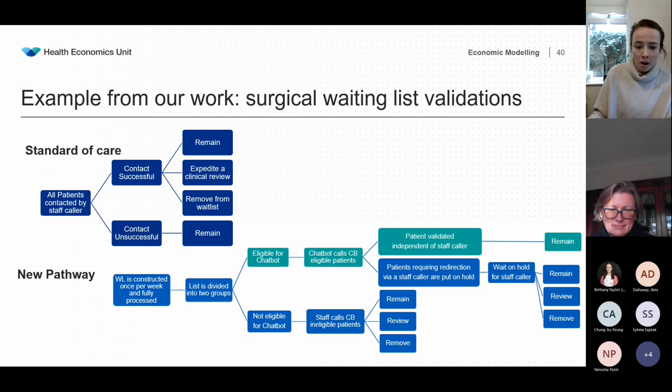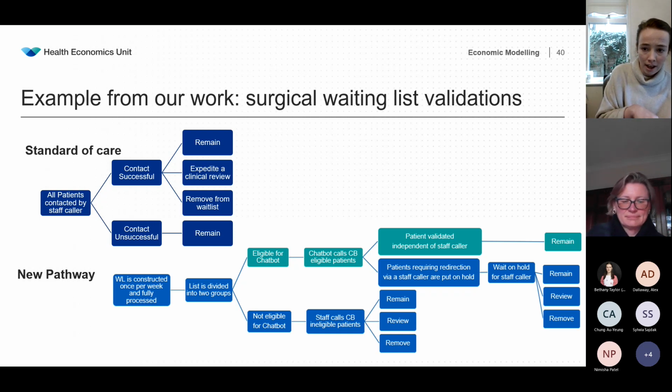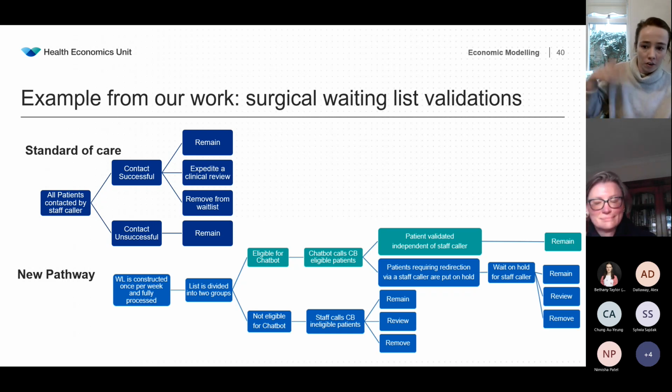So for example, whether a patient remained on the waiting list, was reviewed by a clinician, or was removed from the waiting list were the three categories of interest at the end. So it didn't matter for the economic modeling why the patients ended up in one of these three boxes. So we were able to simplify the pathway a lot so that we could have a more usable economic model for actually determining a variety of things that we were interested in.